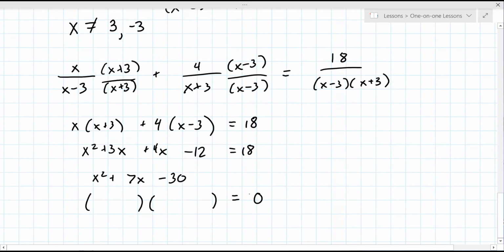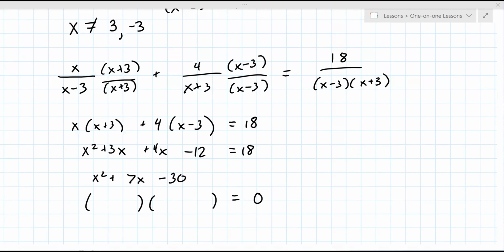What did you get that this factors into? Jack, how are you doing on the factoring here?